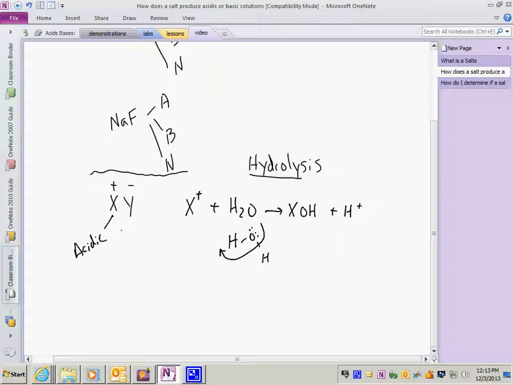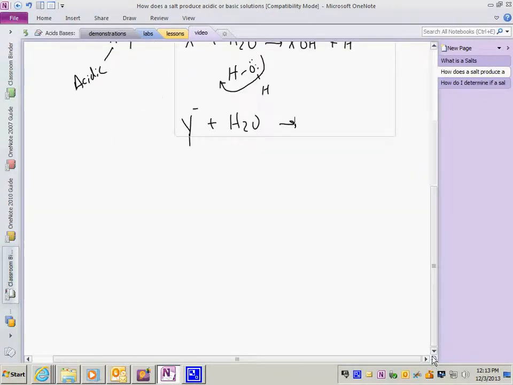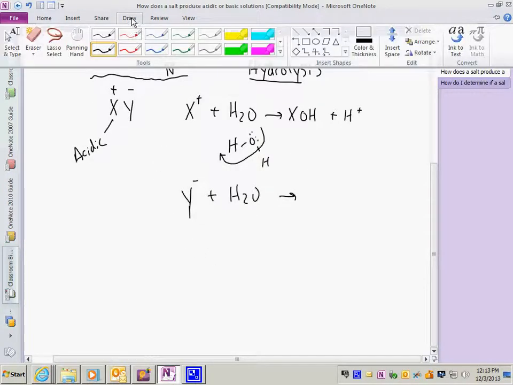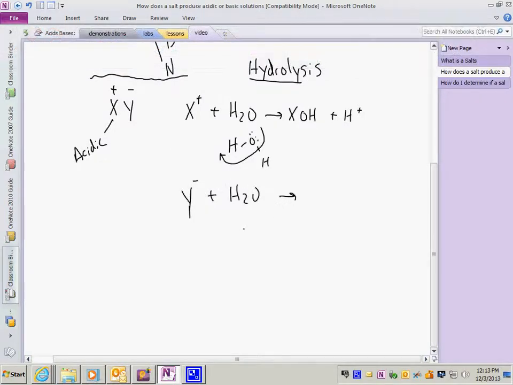The anion, Y negative, when it does the same thing, plus water, will do just the opposite, or do it a little bit different. It will react with the water molecule, and it's going to split.